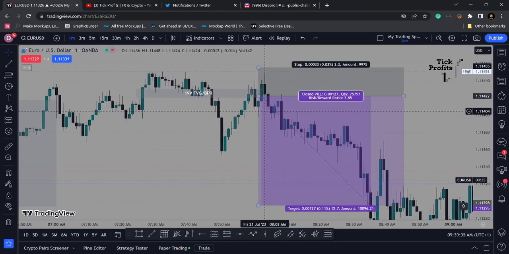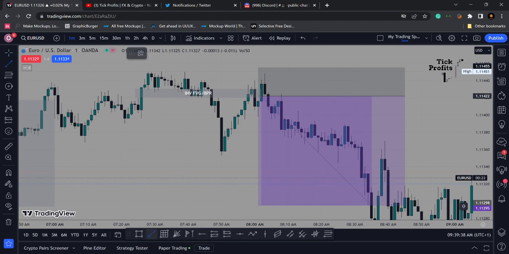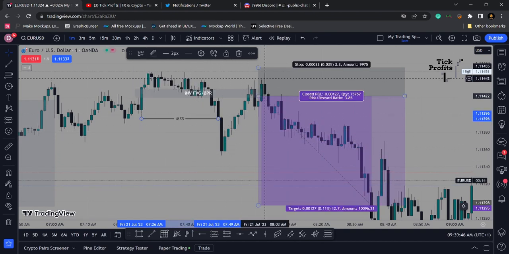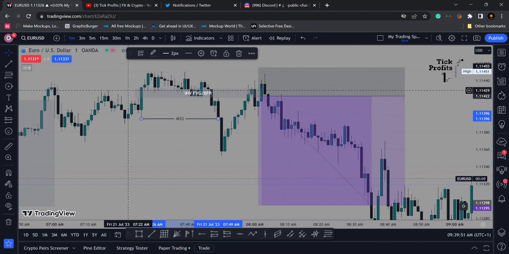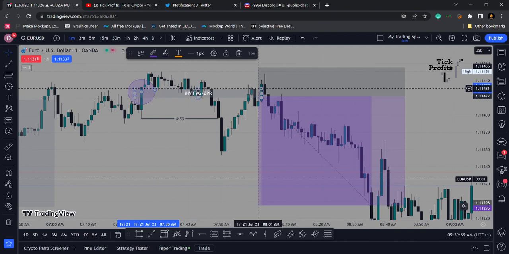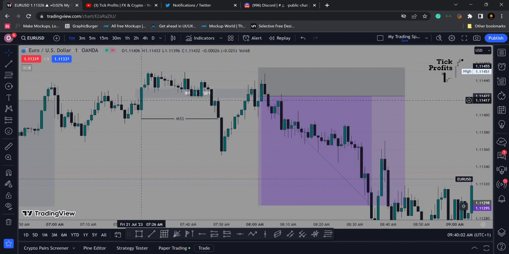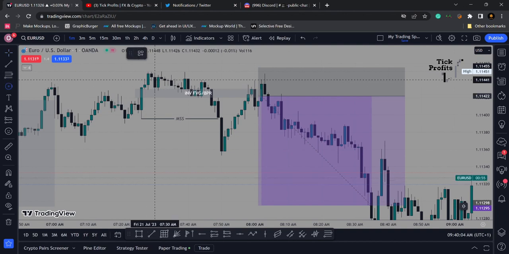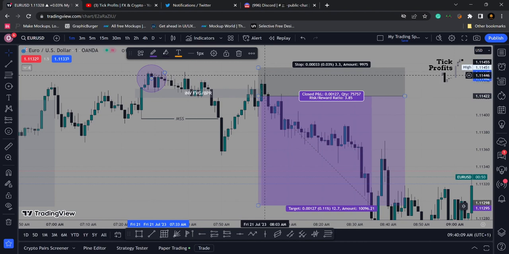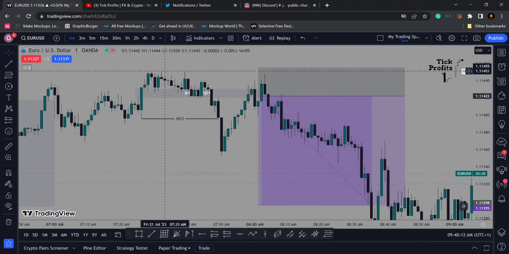As you can see, when price made the market structure shift here, we had to wait for price to return into this BPR, this FVG here. When we saw that price rejected from the zone, price was also reaching out for this other block. When price came and rejected from the other block, it was so close to our stop loss.